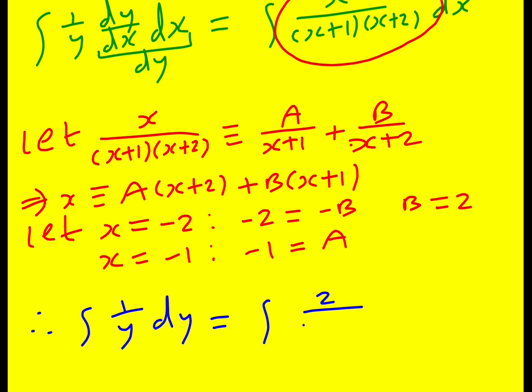I'm going to write the b term first, and then the a, because then I can just put the subtraction here.